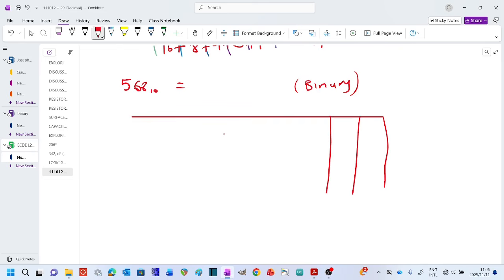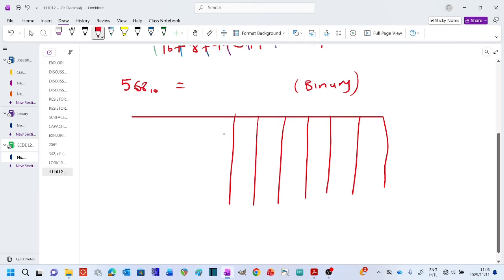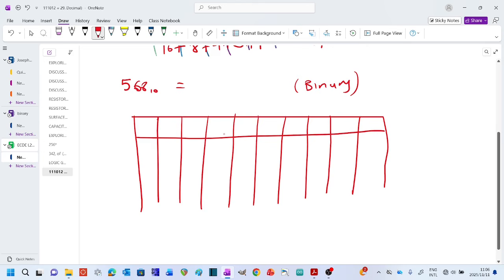1, 2, 3, 4, 5, 6, 7, 8, 9, 10. We don't know where we should stop until we start filling in the numbers.